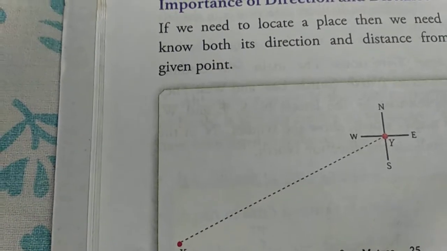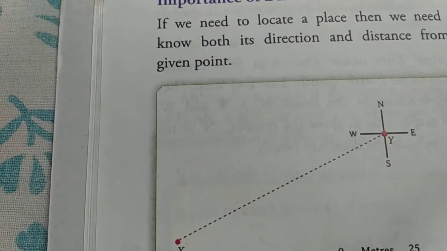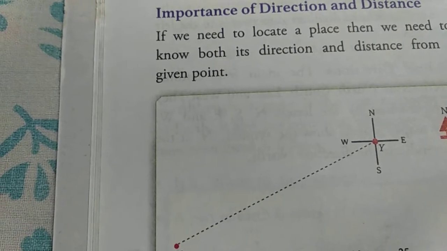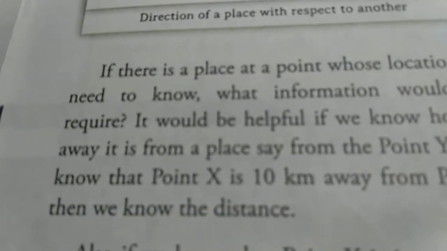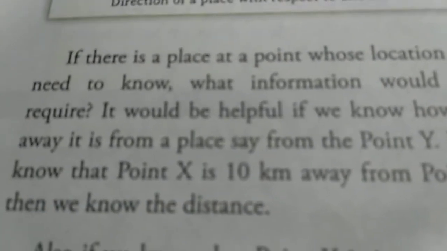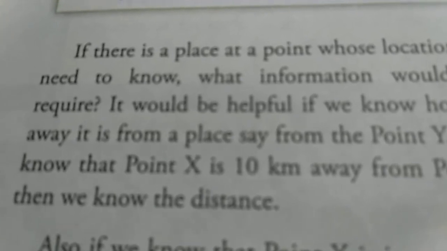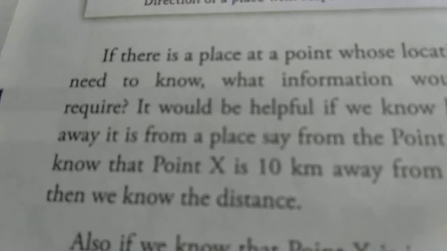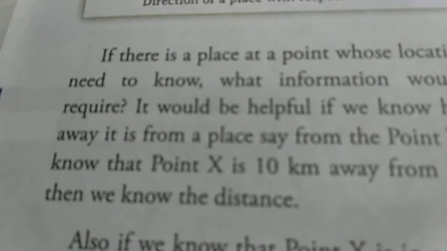For instance, the place is X, and from the point Y, how far is it? If we know it, it will be helpful for us. If I know on the map, by counting or by scale, how far it is, then it will also be easier for us to know the original distance.